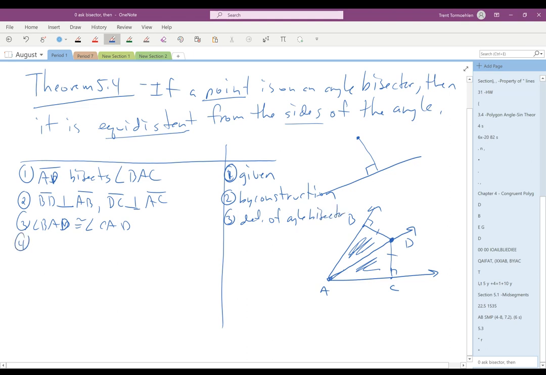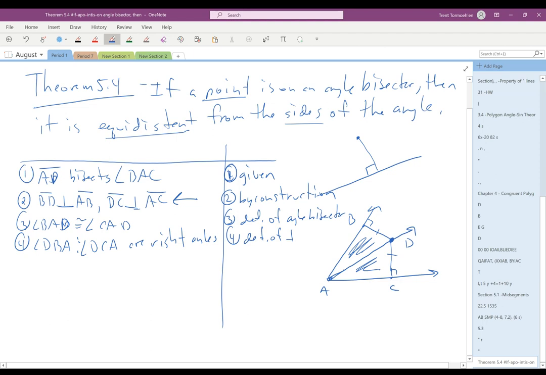And then we know that angle DBA and angle DCA are right angles. That's by definition of perpendicular. All I've done up to this point is the two logical conclusions from those first two steps.